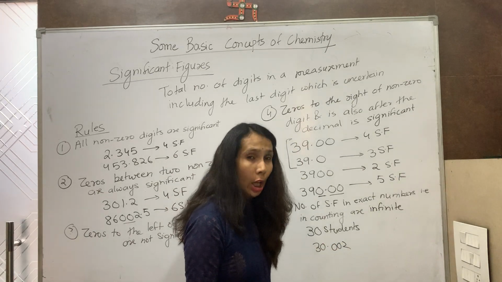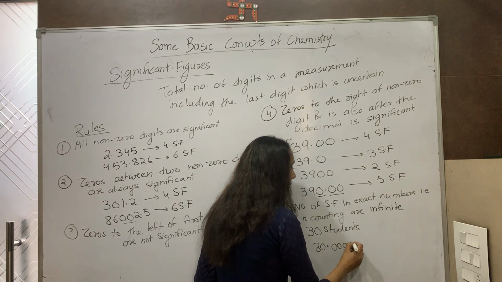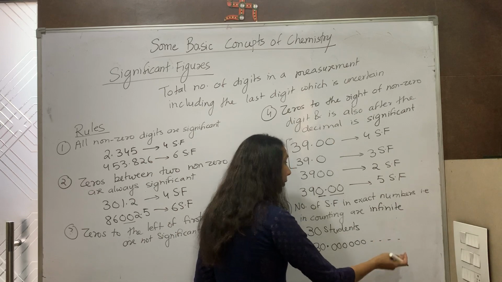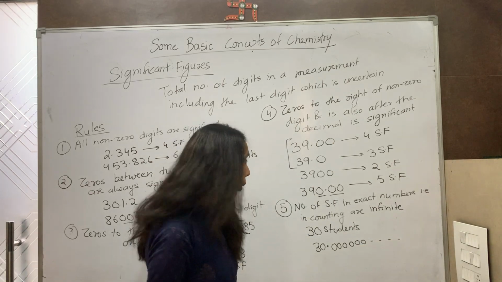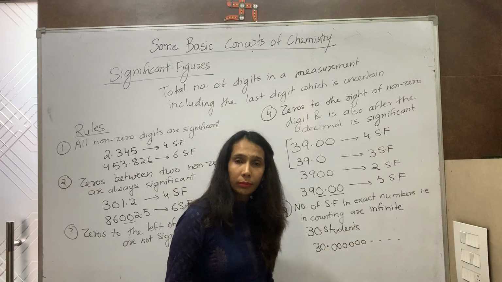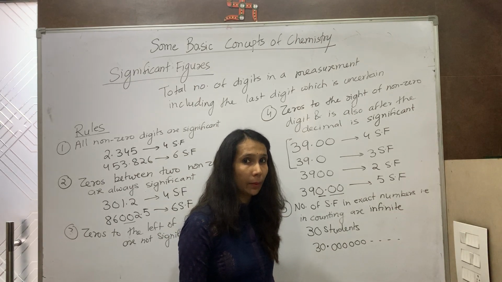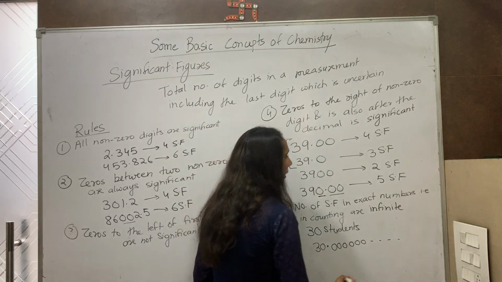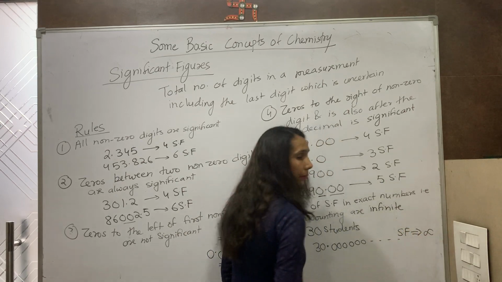No. So when I write 30 students, I can write like this, 30.00000 and so on. Do you expect any number will come here? No. So all the zeros which are coming after decimal are significant. How many will come? Infinite. So number of significant figures will be infinite.